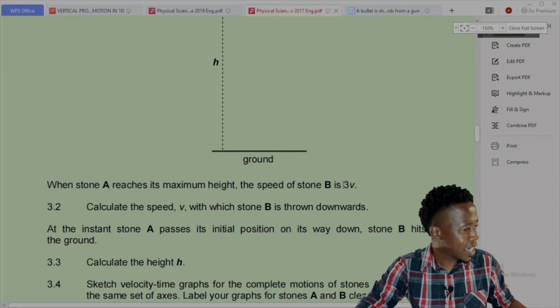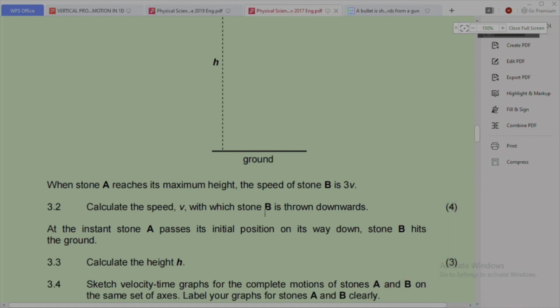Now they say calculate the speed with which stone B is thrown downwards, which is, you need to calculate the initial velocity of stone B.